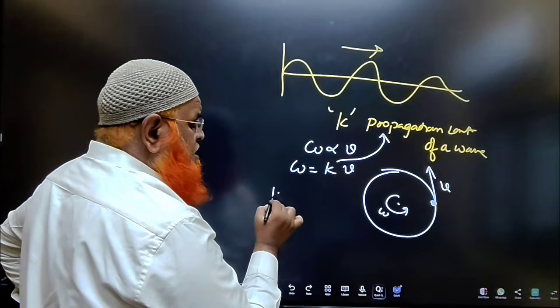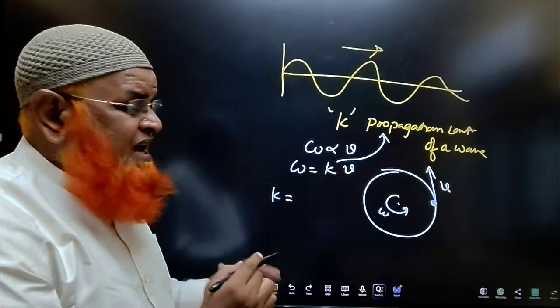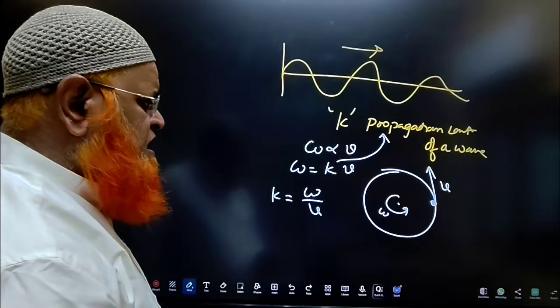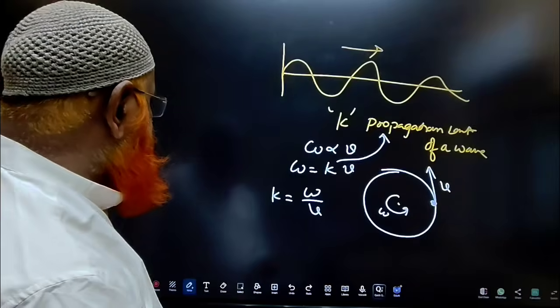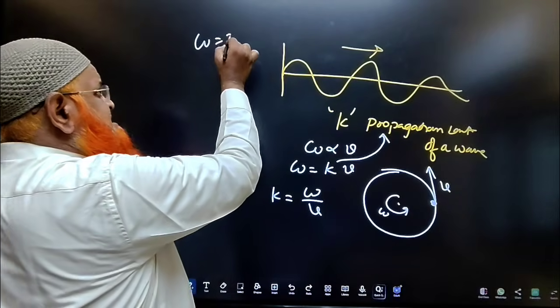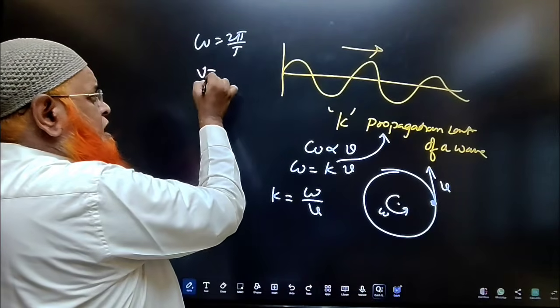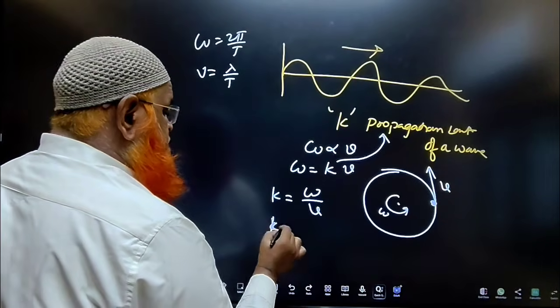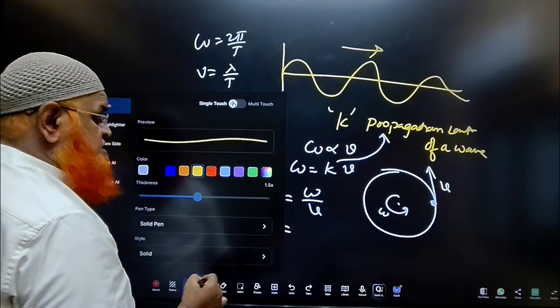So what is the first formula for propagation constant k? k is nothing but ω/v. The first formula is k = ω/v. Just now I told you ω is nothing but 2π/T, and v is nothing but λ/T. So what is the second formula for the propagation constant of a wave?